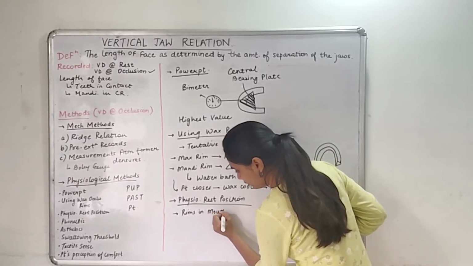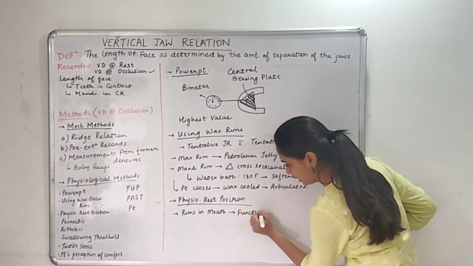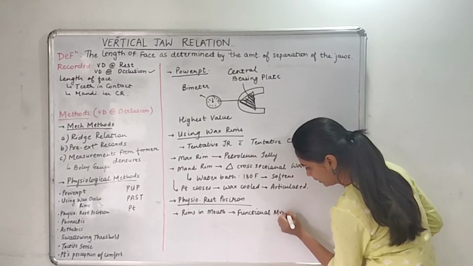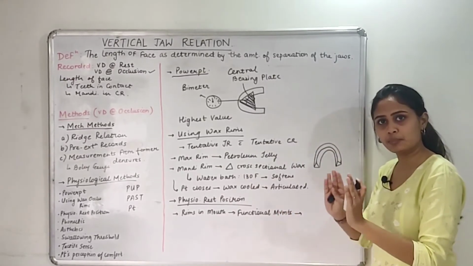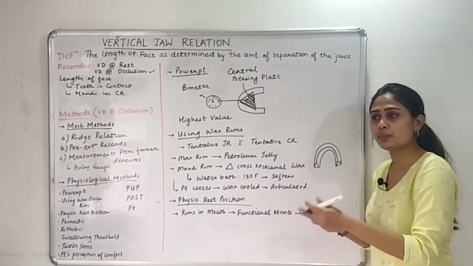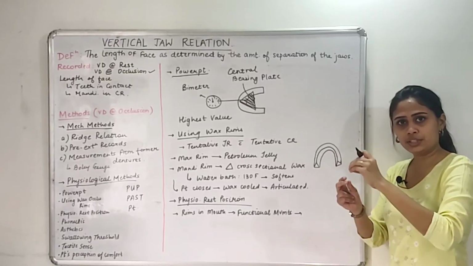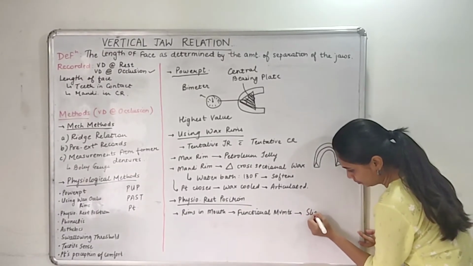So here, with the rims in the patient's mouth, the patient does the functional movements like swallowing and relaxing. After that we ask the patient to stay in that same position. We play statue with the patient, and then we slowly and gently pull apart the lips.